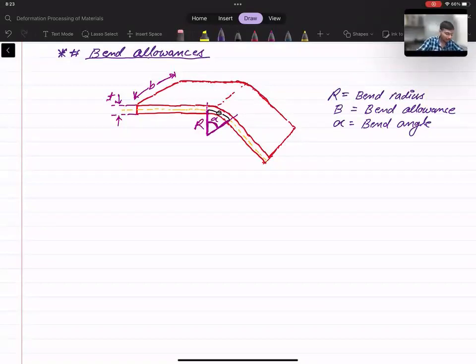Okay, so let me draw another schematic, and then we will see the relation for bend allowance.